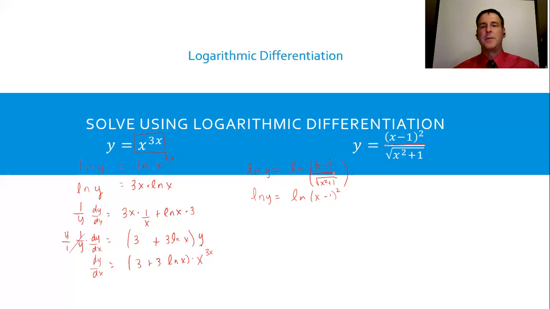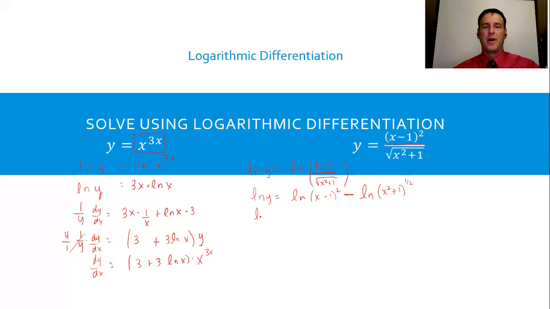And then remember, you can break this into two logarithms, provided that you put a subtraction sign in between. And let me write this as a fractional exponent too. This is really x squared plus 1 to the 1/2. Now from here, I can take a derivative.